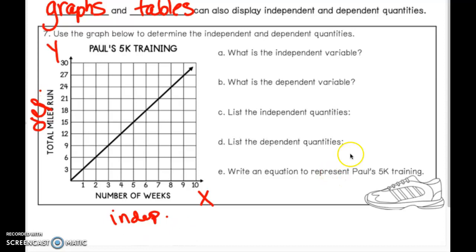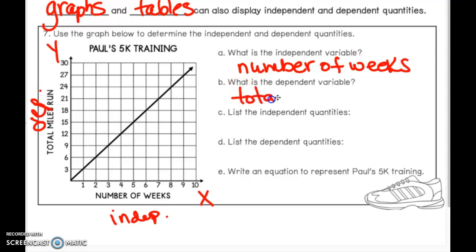So what is the independent variable? Well, based on what we just talked about, the x-axis is always the independent, and this is the x, so it is the number of weeks. So that means our dependent is total miles run.